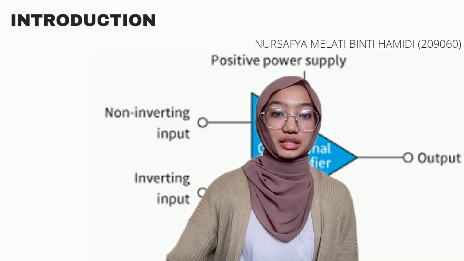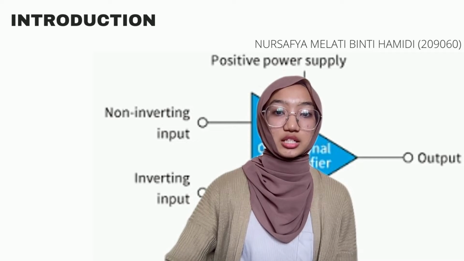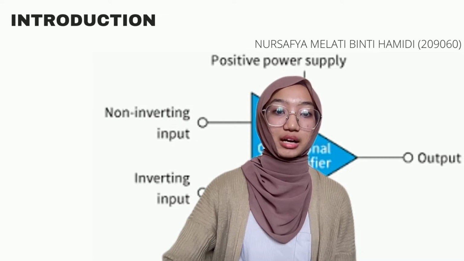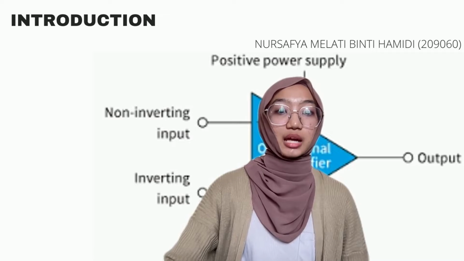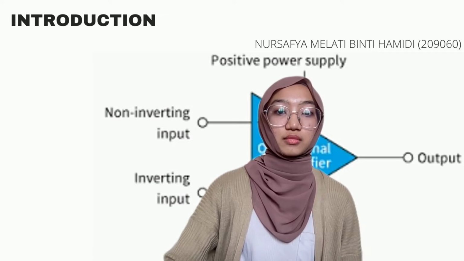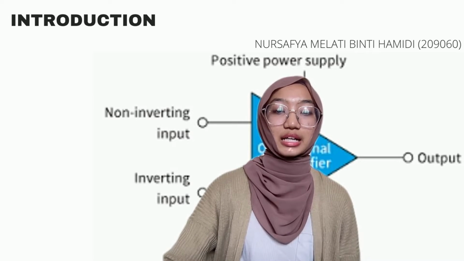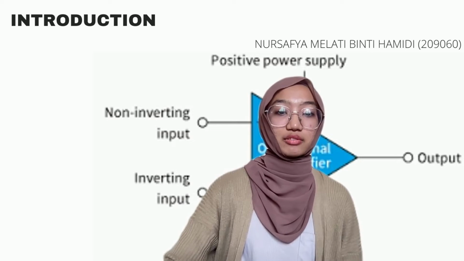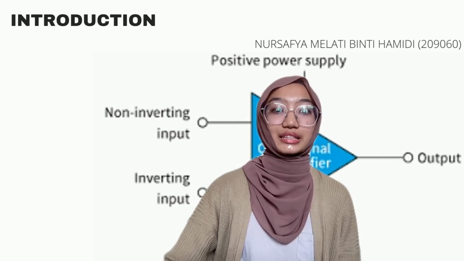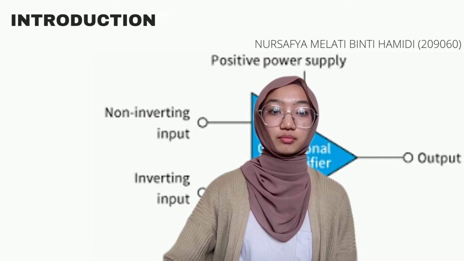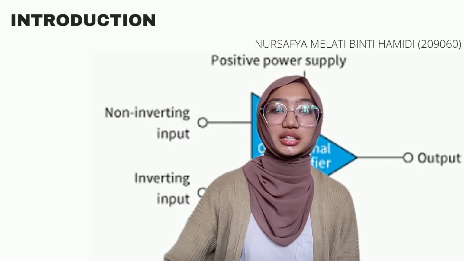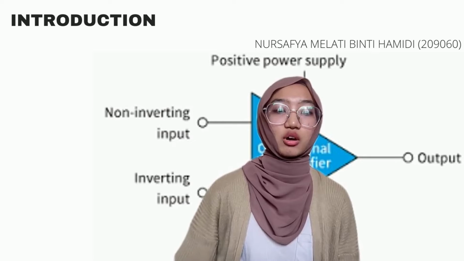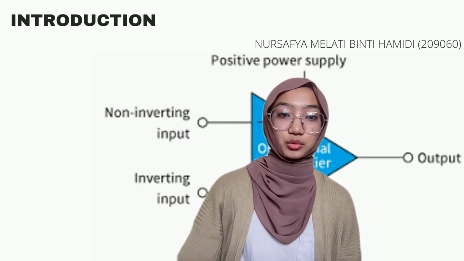These feedback components determine the resulting function or operation of the amplifier, and by virtue of the different feedback configurations, whether resistive, capacitive, or both, the amplifier can perform a variety of different operations, giving rise to its name of operational amplifier.